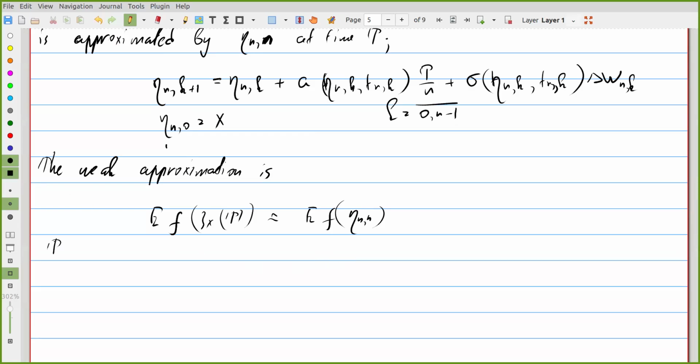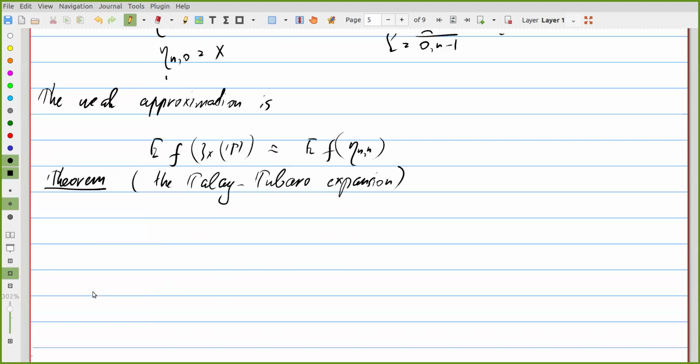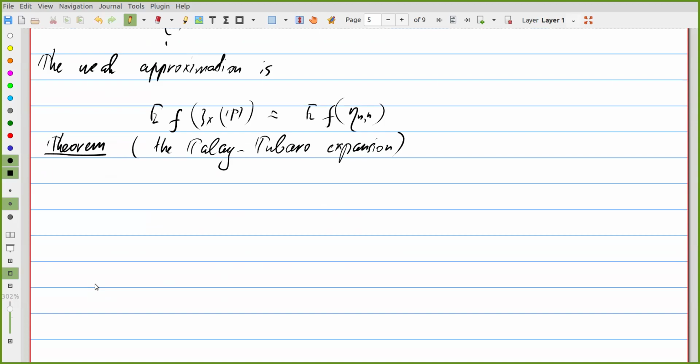And the theorem, which is our last result, is called the Talay-Tubaro expansion. It is as follows. Given all the previous assumptions that we have stated in the beginning of our lecture, we have the following representation of this error.